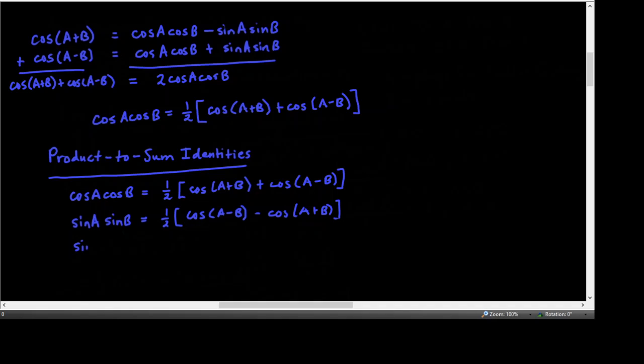The sine of A times the cosine of B is 1/2 times the quantity sine of A plus B plus sine of A minus B.